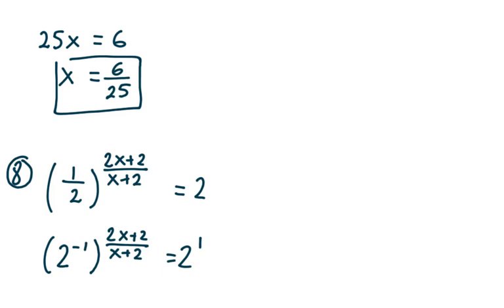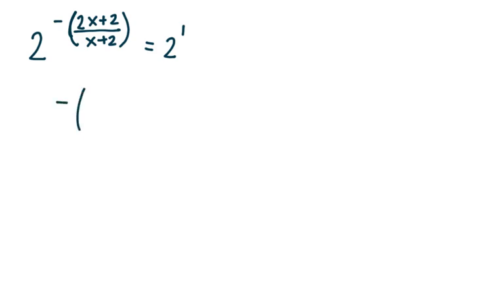Now, when you have a power raised to another power, you essentially multiply the exponents. And so 2 raised to the negative of 2x plus 2 divided by x plus 2 is equal to 2 to the first.